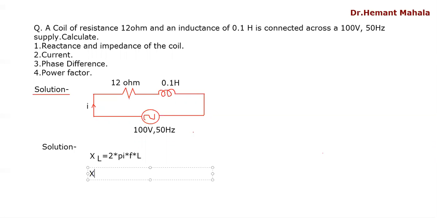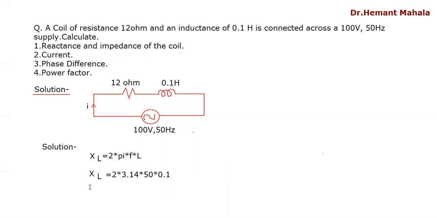By putting the values, XL is equal to 2 into 3.14, which is pi, frequency given is 50 hertz, and inductance given is 0.1. Okay, so it is XL.